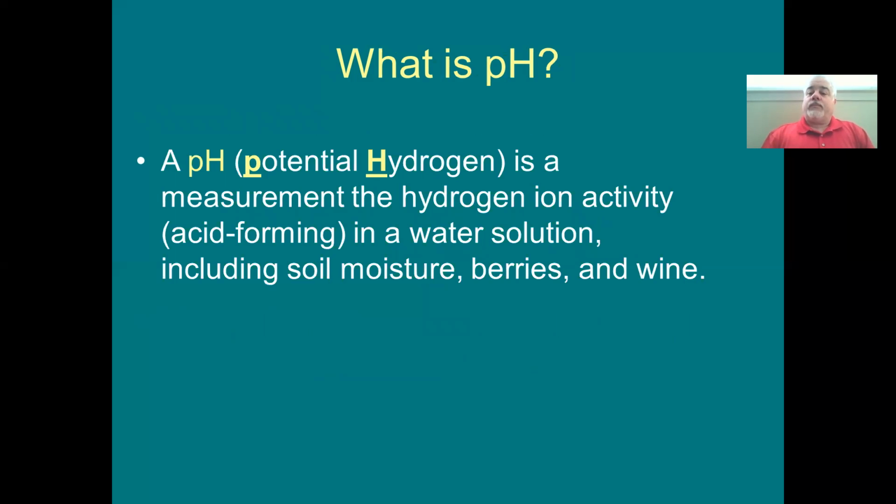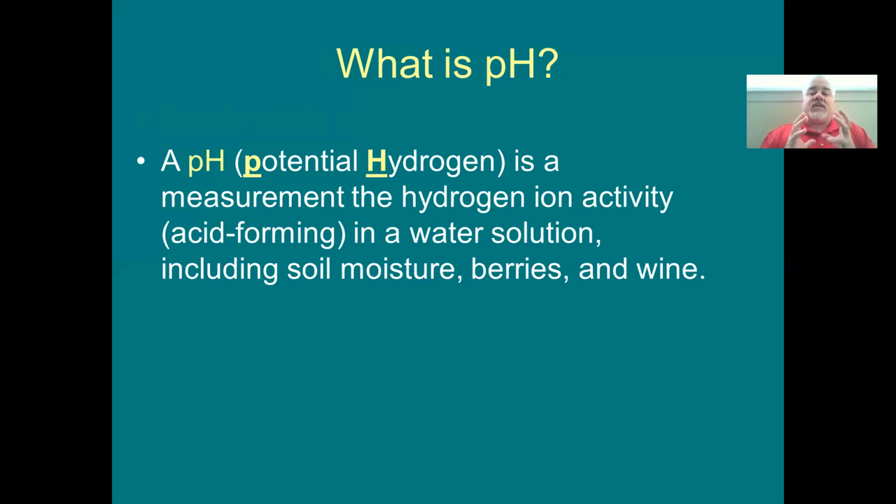So, with that background, what is pH? pH literally stands for potential hydrogen. And the word potential is important, but unless you're in an advanced chemistry class, I've rarely seen anybody bother to get into the details of hydrogen ion activity and the potential of hydrogen, which is the effective hydrogen ion concentration, how much hydrogen is there.